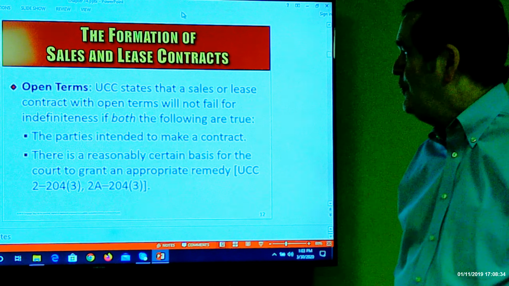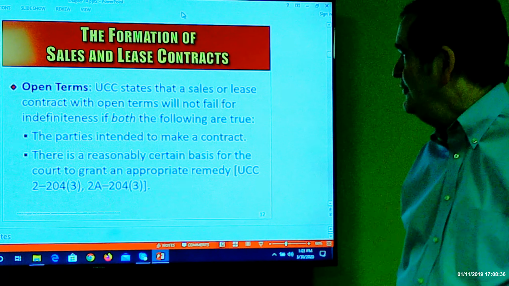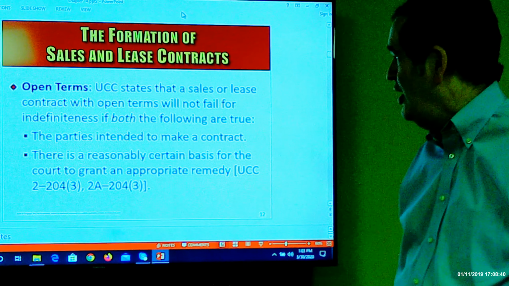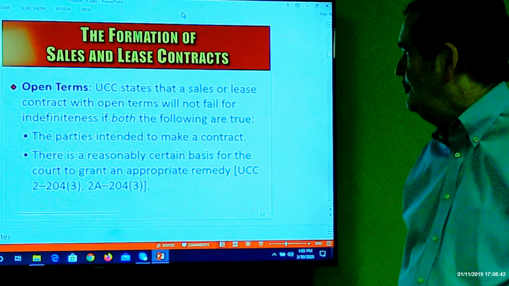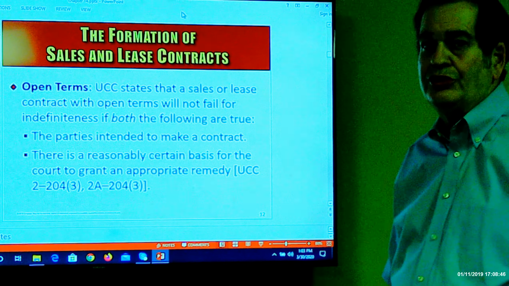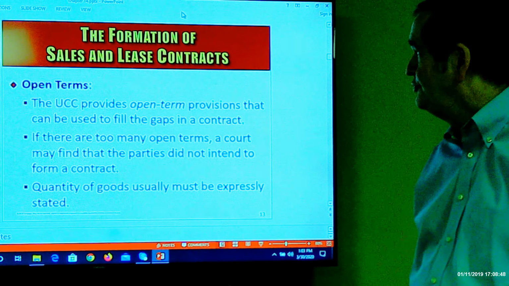So here, if the parties intended to make a contract and there's open terms, then the court is likely to find a contract. If there's a reasonably certain basis for the court to grant an appropriate remedy, again, the court's going to find a contract.